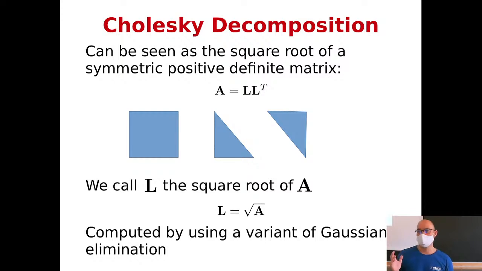Hence, one thing that should stem from the definition of the Cholesky decomposition is that the matrix must be symmetric positive definite, because if it's negative, then L will have imaginary values, and so we are out of the real domain where we try to stay.